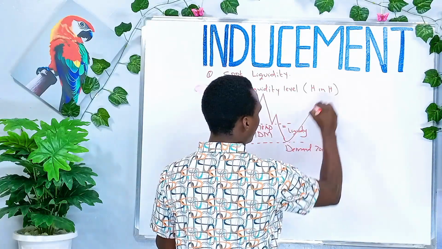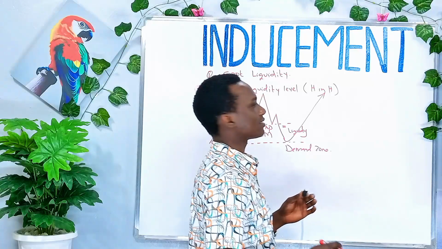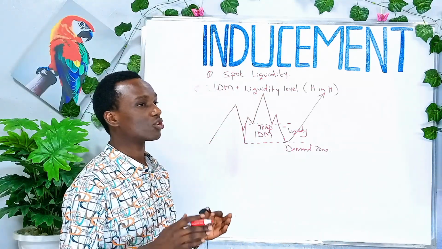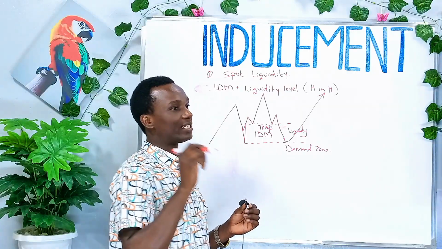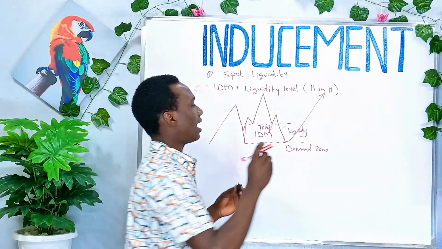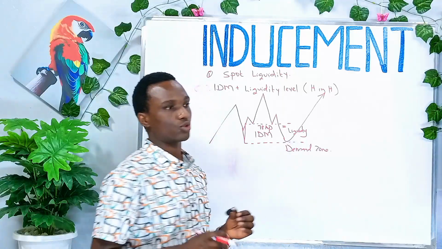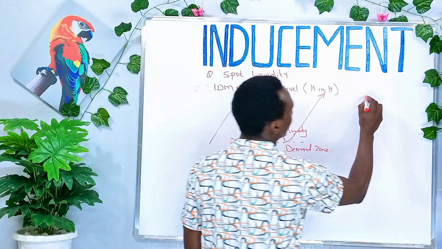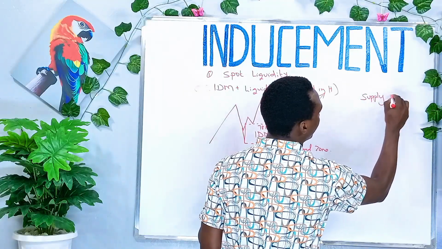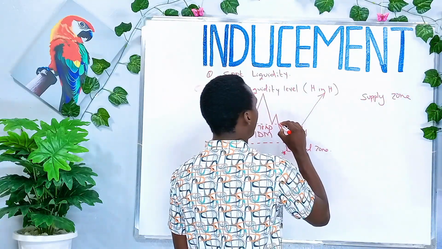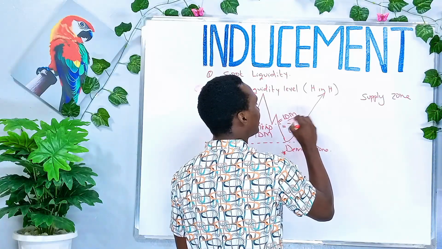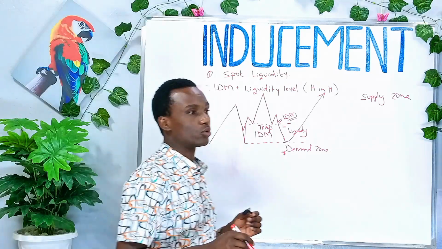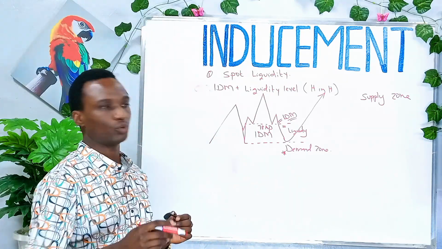Okay, so that the price may do what? May reverse from that angle. Okay, so this is why if your demand and supply zone does not form the liquidity before, then it might be a demand and inducement zone. Okay, if your demand zone or supply zone does not form these inducements, just know that that demand or supply zone that you are using may be an inducement.